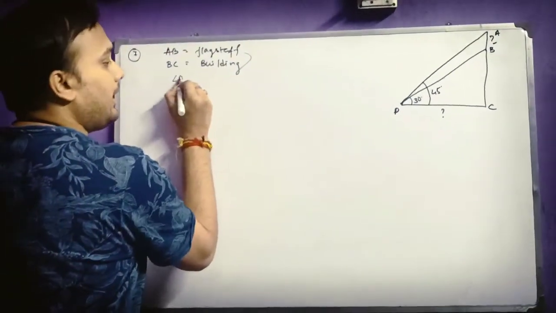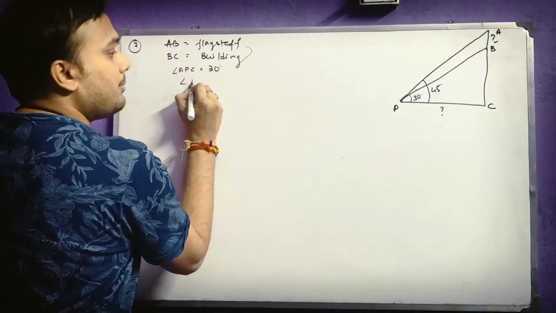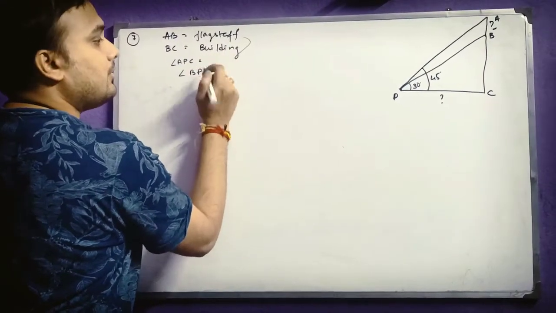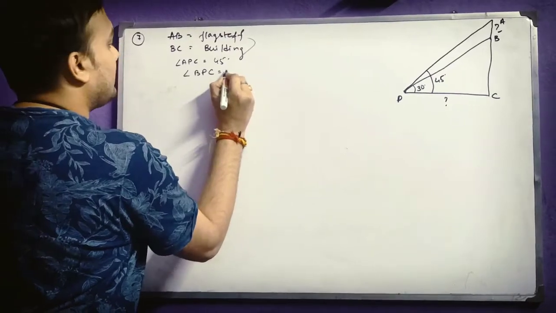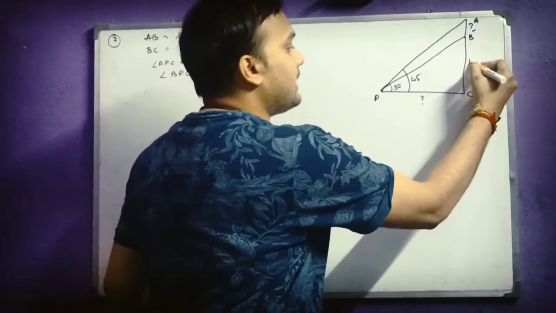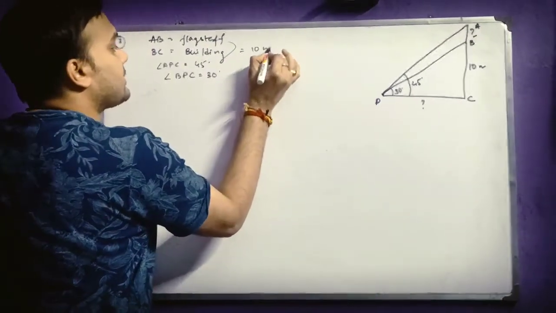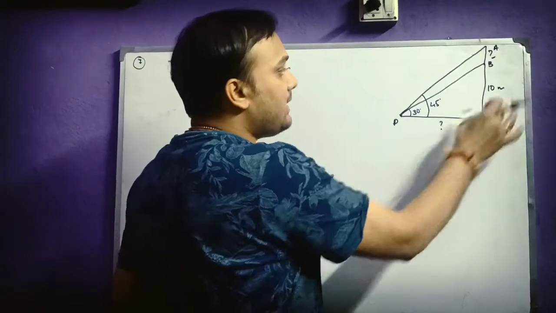Angle APC is 45 degrees, and angle BPC is 30 degrees. This is 10 meters, so BC equals 10 meters. This is known to us. Now we have to find the base PC and AB.